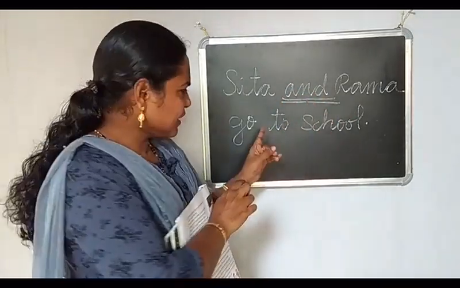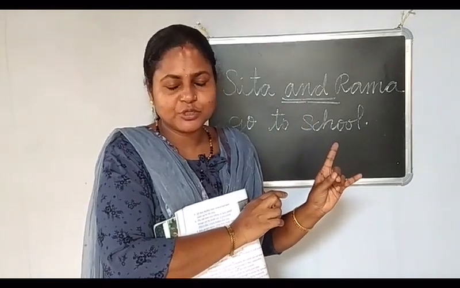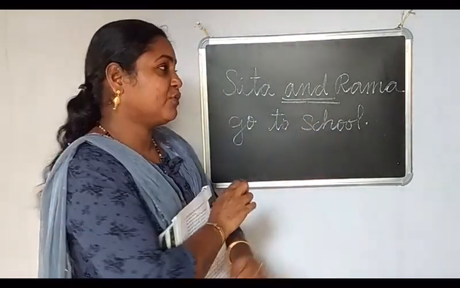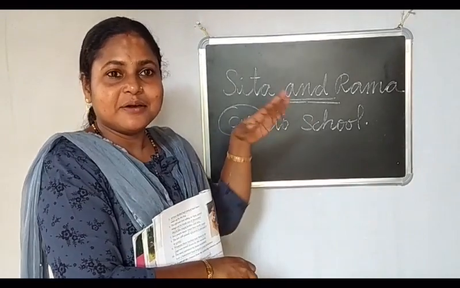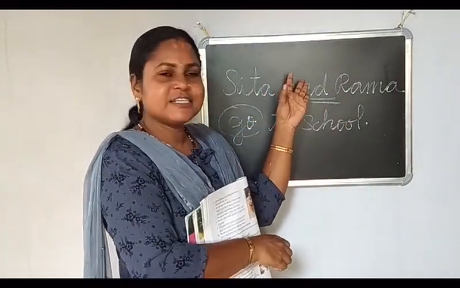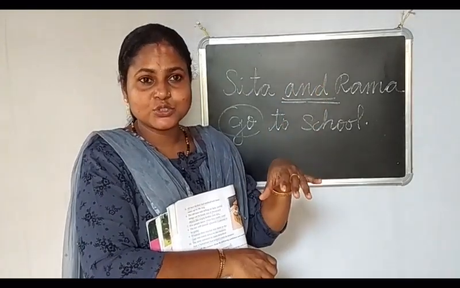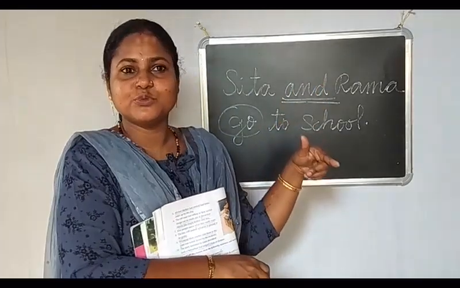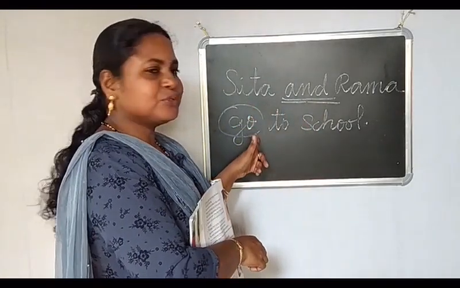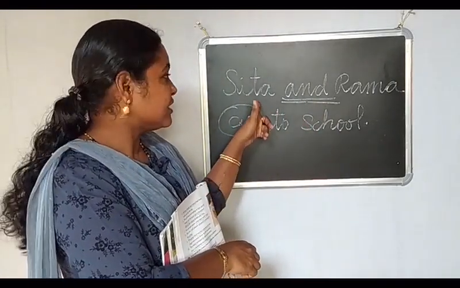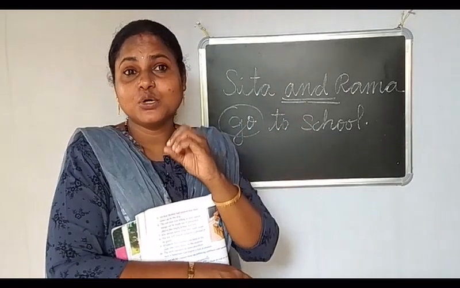Then I am sure that you have noted one thing. Here a change happened. In the first sentence we used Sita goes to school, and in the second sentence we used Rama goes to school. Here we used Sita and Rama go to school.